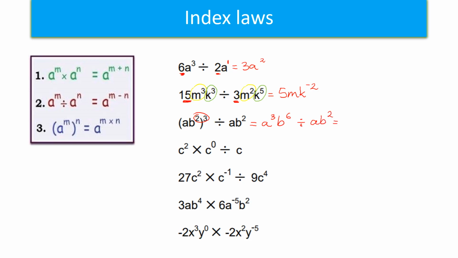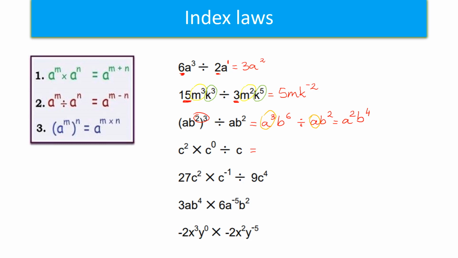Again, let's do it in steps. I'm going to deal with a's first. So a to the power of 3 divided by a, that's a squared. And then b to the power of 6 divided by b to the power of 2, that is b to the power of 4. Because 6 take away 2 is 4.